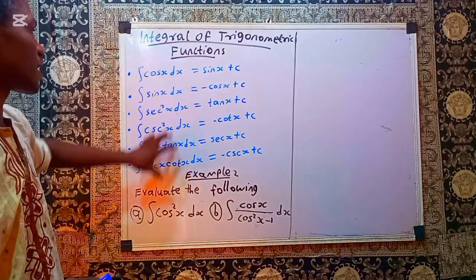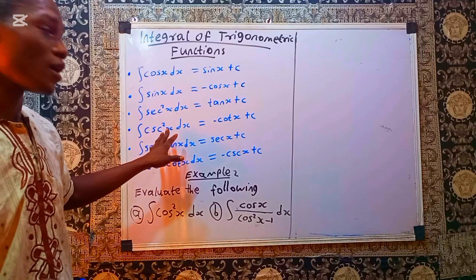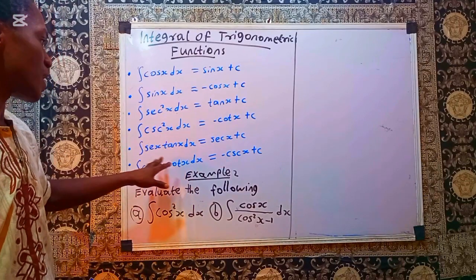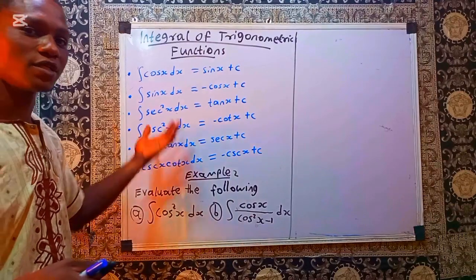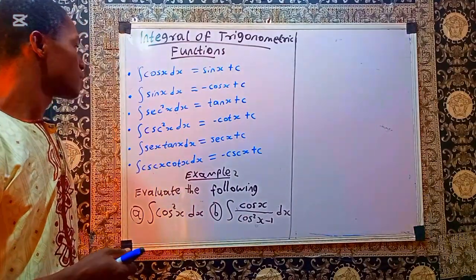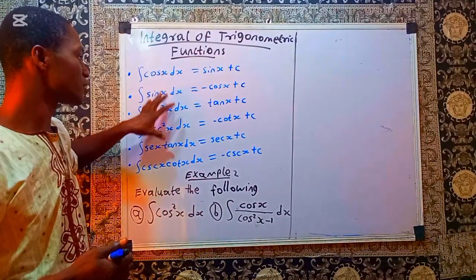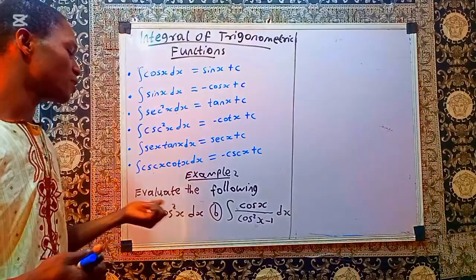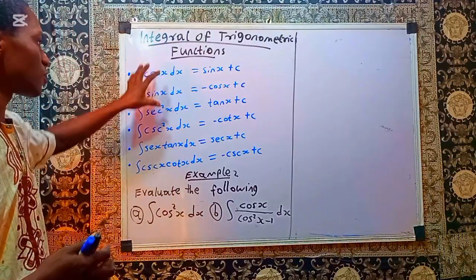As we see, it's integral of cos, integral of sine, cosec squared, sec squared, sec tan, cosec cot. I'll give you the integral of these very trigonometric functions. So I'm going to use all these integrals to evaluate certain integrals of trigonometric functions, which is not given here.